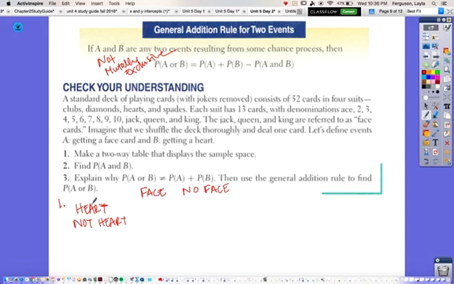So, remember that for each of the suits, you have 13 cards. Of those 13 cards, there are 3 that have a face, a jack, queen, and king. So that would be 3 here. And since there are 13 total, there would be 10 that had no face.